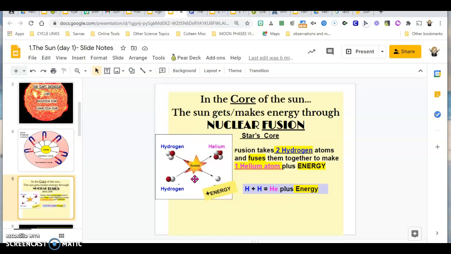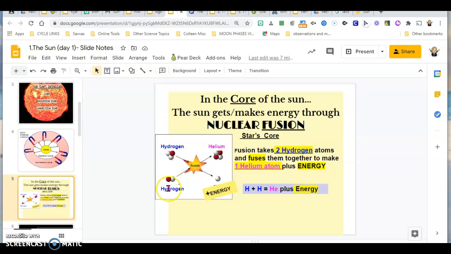They join. Now, we don't have the ability to join hydrogen atoms here on Earth. We do not have the force, we do not have the heat to make it happen. And therefore, stars are the only objects that can. We're trying to make energy through nuclear fusion, but we have not succeeded yet.